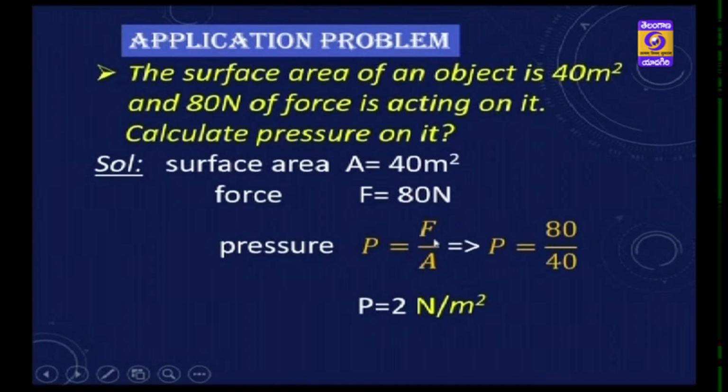Substitute the values of force and area: 80 by 40, and calculate. So the pressure value is 2 Newton per meter square. Don't forget, children, to write units. After completion of your calculation, you have to write the units.